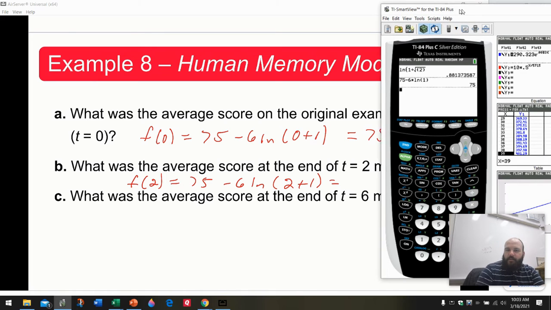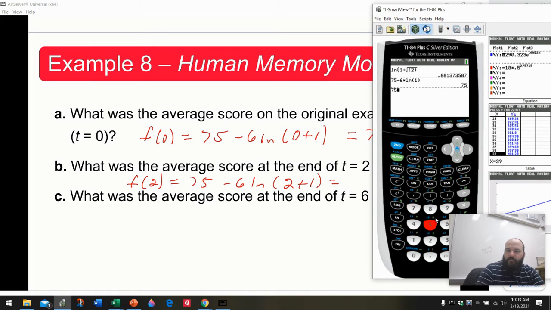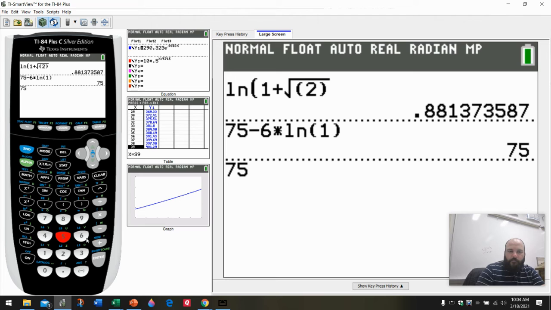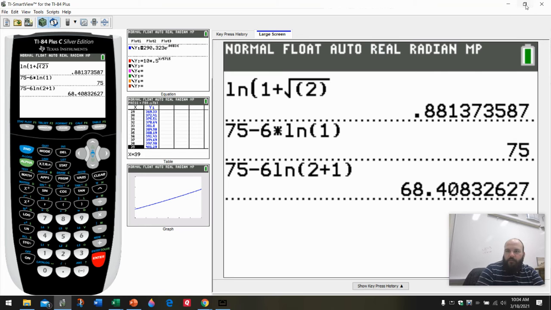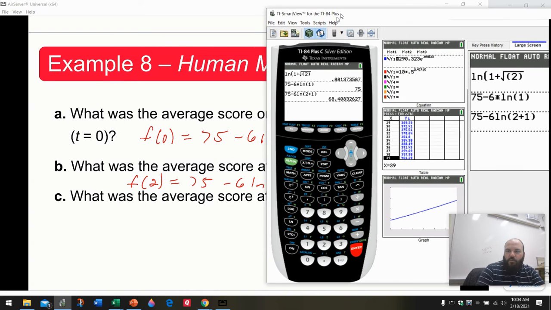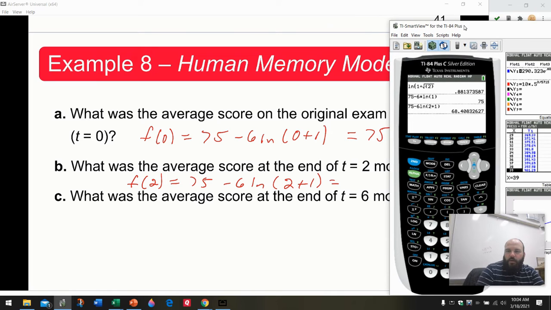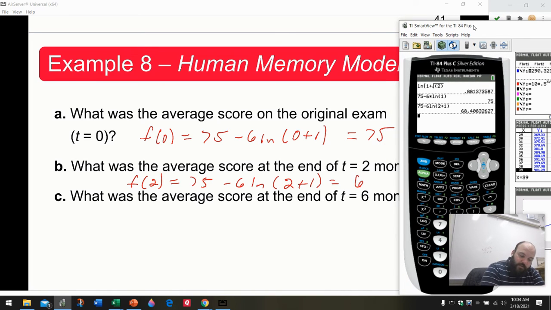Now, when I type that into my graphing calculator, 75 minus 6 natural log, and then it's going to be 2 plus 1, or you could put 3 in. Either way is fine. You can see that the score is now 68.4. So it's significantly reduced, 68.4. So initially, people were scoring on average 75 on the exam. 2 months later, people were scoring on average 68.4.